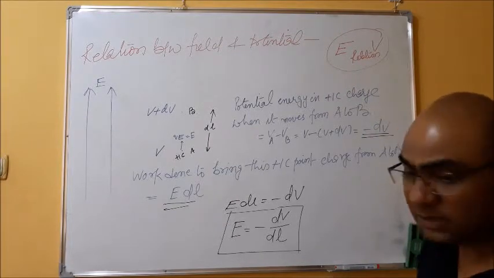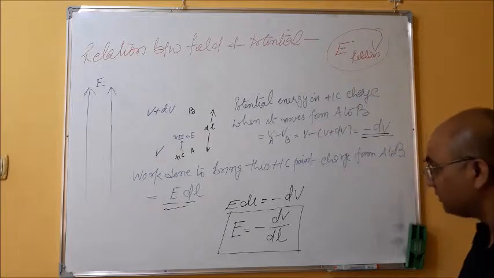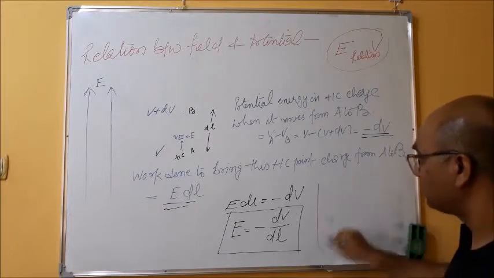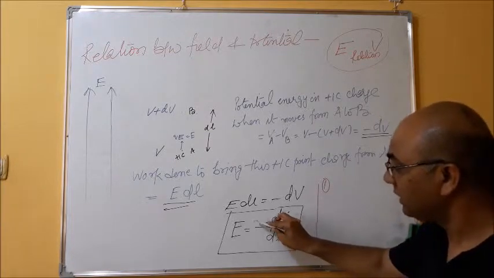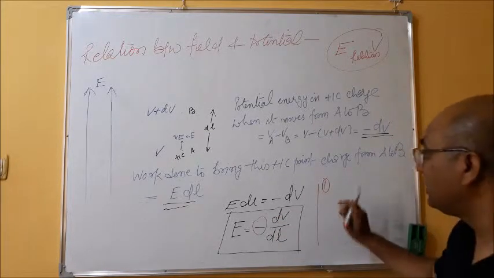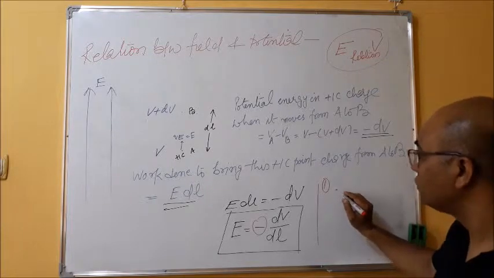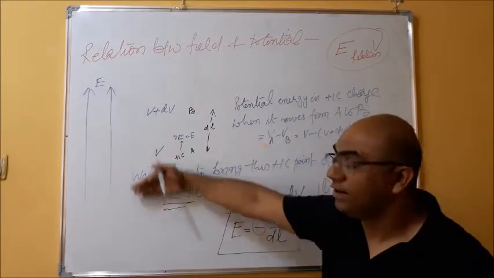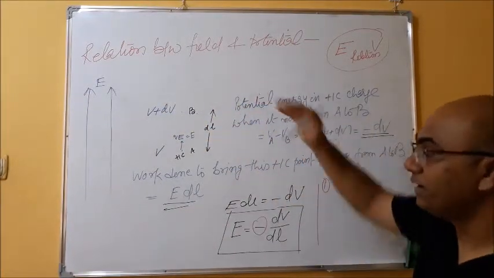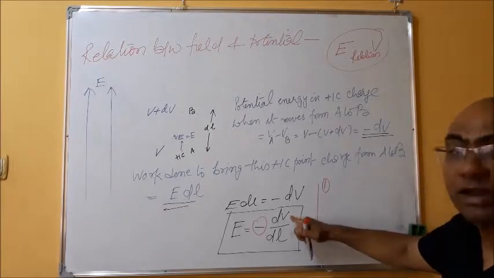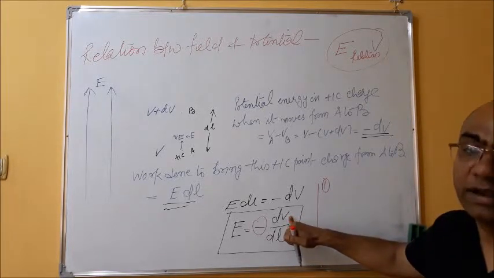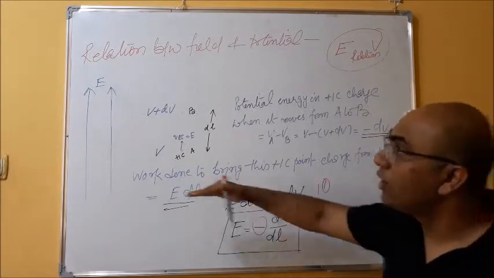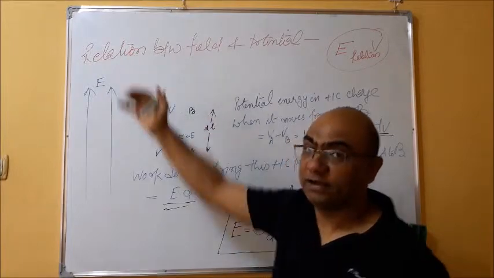You see here, like the first point, there is a negative sign. So what does the negative sign show? It shows that when you are moving in the direction of the electric field, your potential value will decrease, right? So the value of potential decreases if you are moving in the direction of electric field.